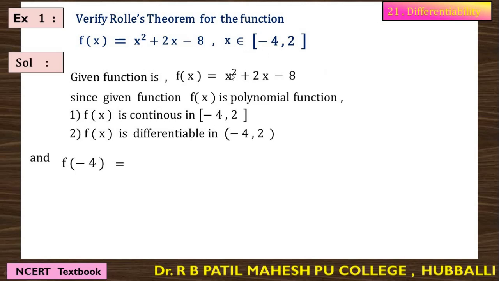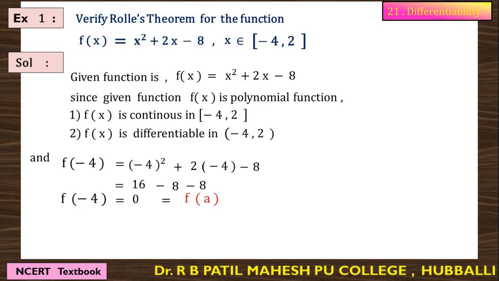In f of x, put x equal to minus 4. So it becomes minus 4 whole square plus 2 into minus 4 minus 8. Simplifying, you will get 16 minus 8 minus 8. So f of minus 4 is 0, and denote this as f of a.